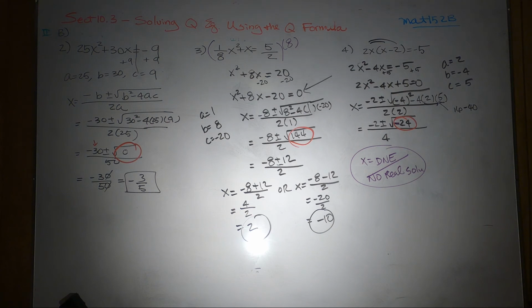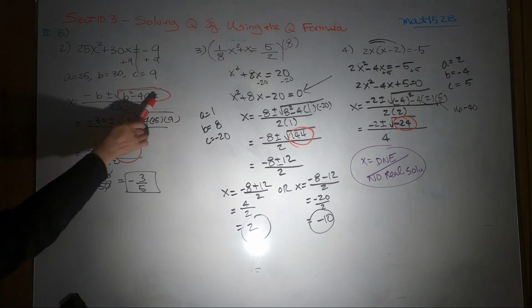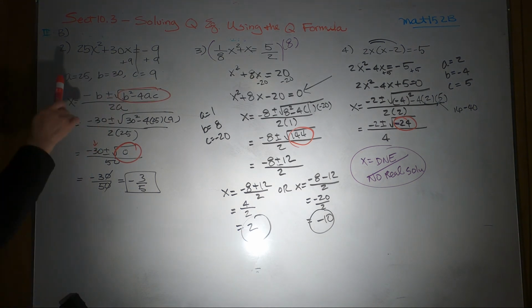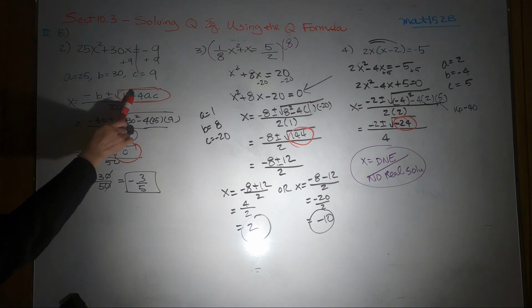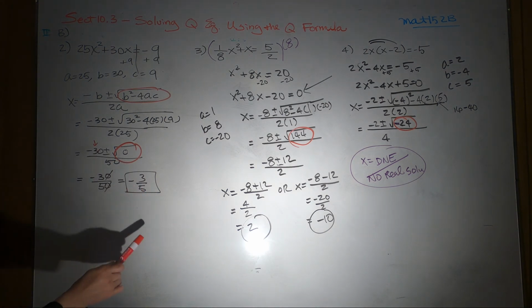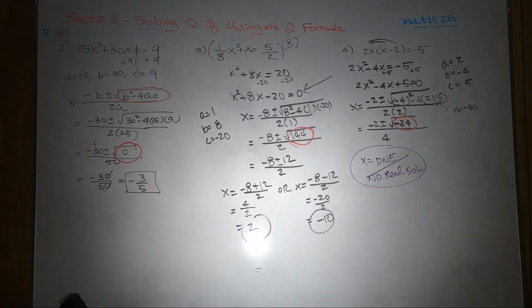All because of the inside of the radical. And what is inside of the radical? This guy, right? b squared minus 4ac. Given your a, b, c, b squared minus 4ac would determine your answer: one real solution, two real solutions, or no real solutions, right?